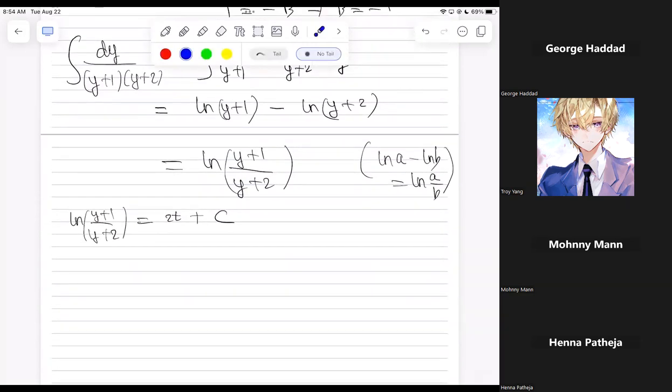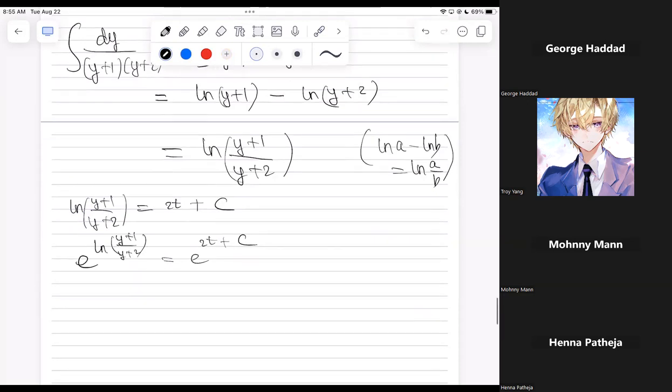Similar to the previous problem, you have ln, right? Y is inside the ln. So to find y, you need to exponentiate both sides. Now the left hand side is y plus 1 over y plus 2.